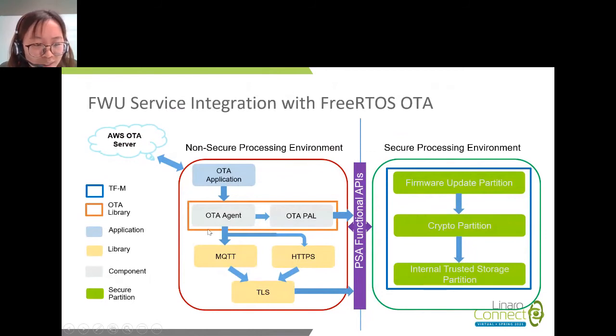Also within the OTA library, the OTA agent controls the firmware update process, and it calls the OTA platform abstraction layer to do specific image update operations. This OTA PAL layer calls the TFM service by calling the PSA functional APIs.